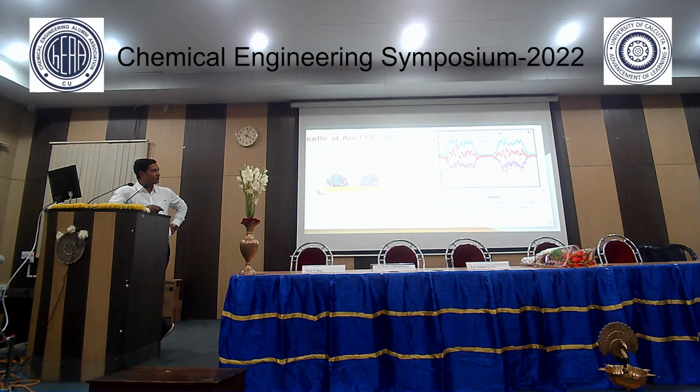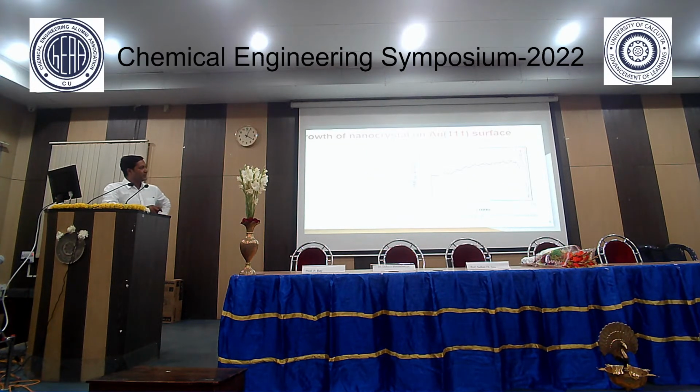So that is where we are trying to see whether we can drag ions or reduced atoms to get deposited on this surface. We carried out a number of simulations with different configurations, but it did not appear to be depositing on the surface. So then we calculated the PMF.